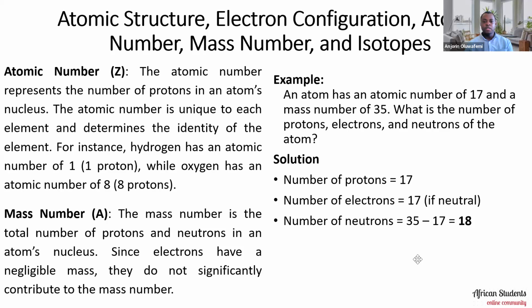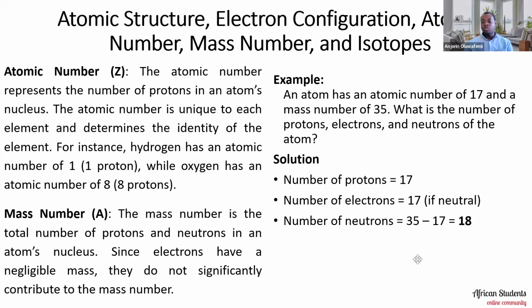Now, let's look at this particular example to drive home the point. An atom has an atomic number of 17 and a mass number of 35. What is the number of protons, electrons, and neutrons of the atom? Don't forget, from our definition, atomic number is synonymous with the number of protons in an atom's nucleus. It means that the number of protons is equal to 17.